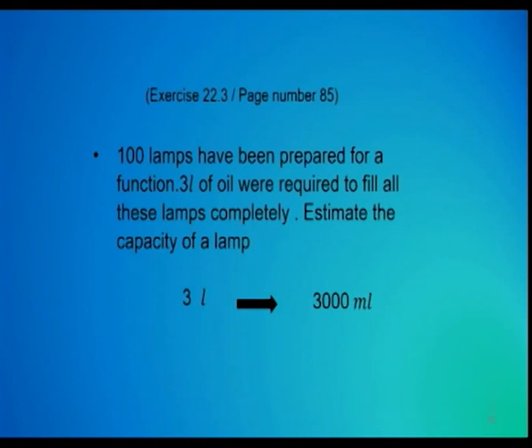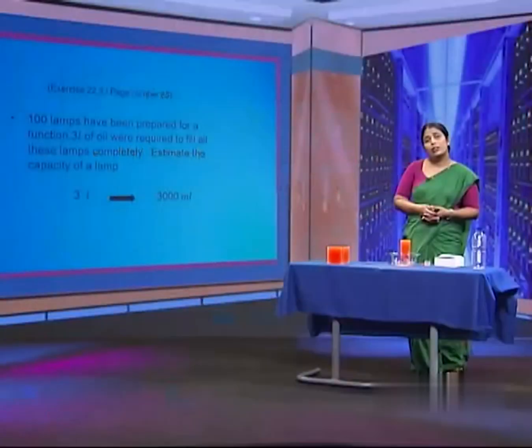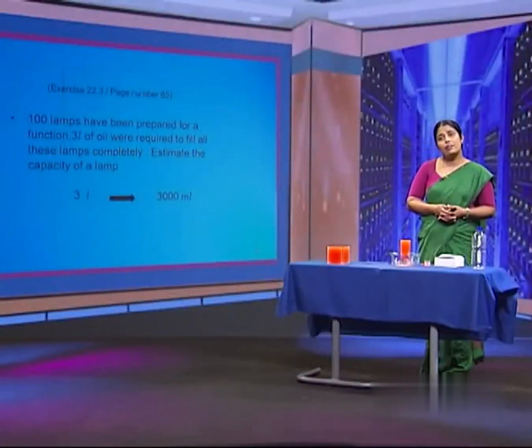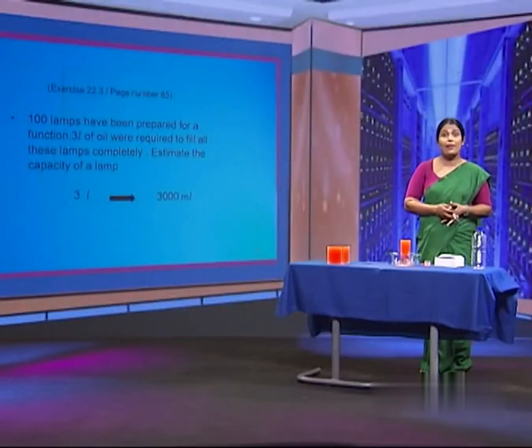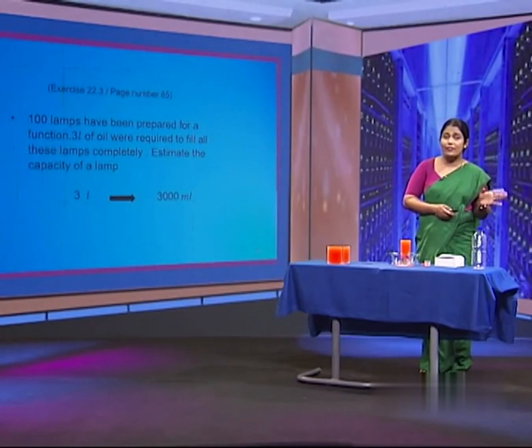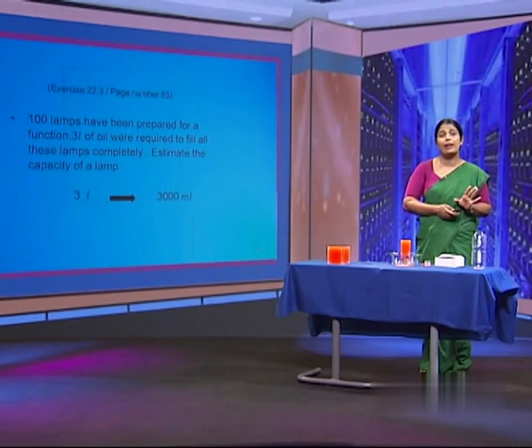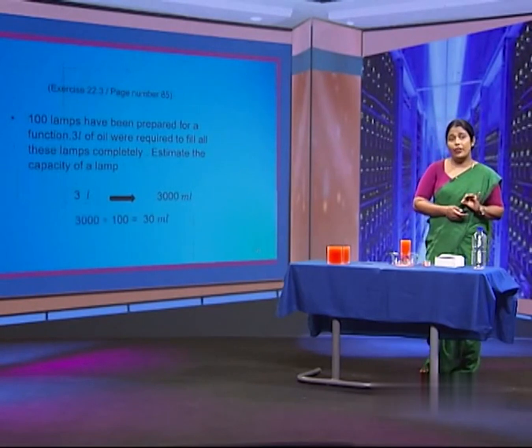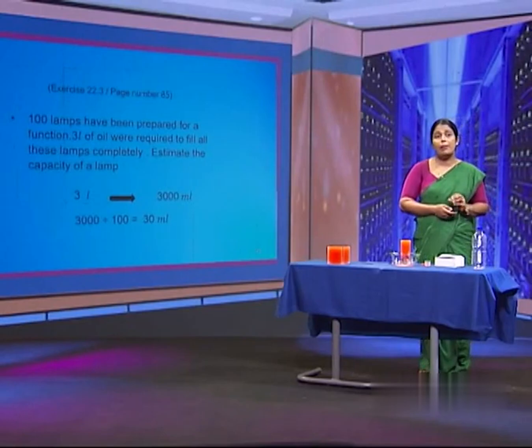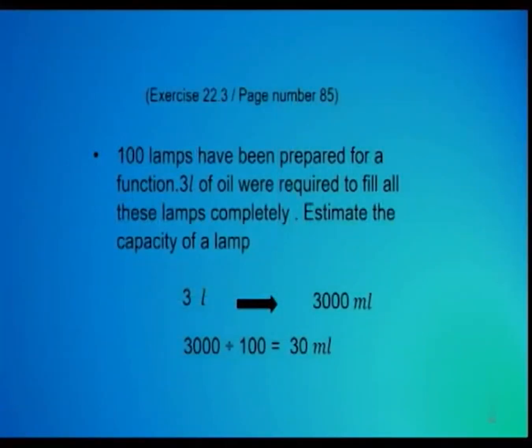So, you have to find out the capacity of the lamp. Tell me, how do we solve this one? Yes, remember that we have 100 lamps. So, you have to divide this value by 100. If you divide 3000 by 100, you get the capacity as 30 milliliters.